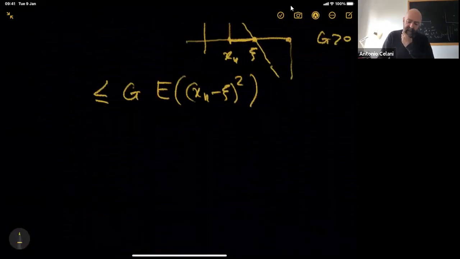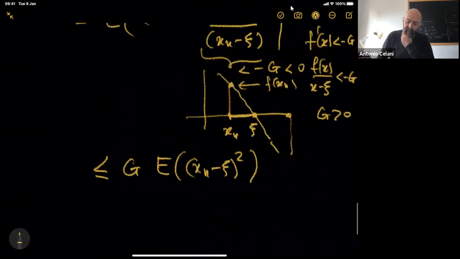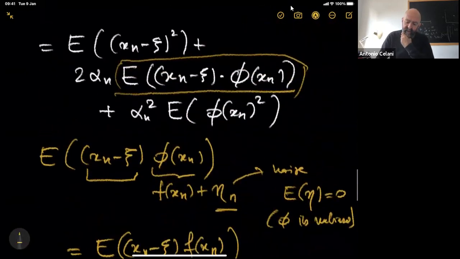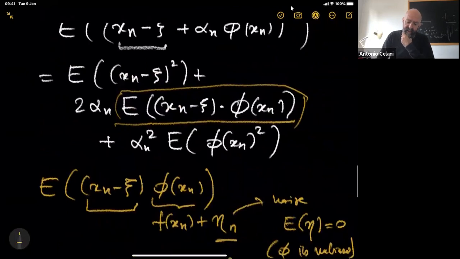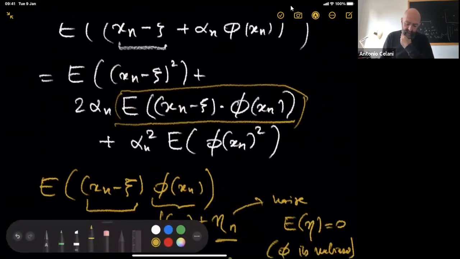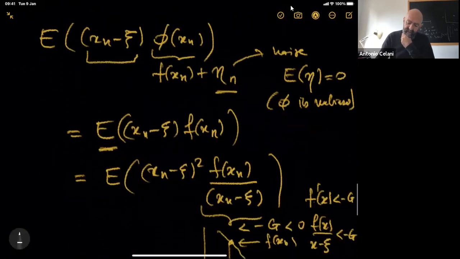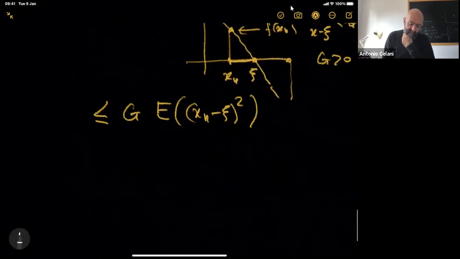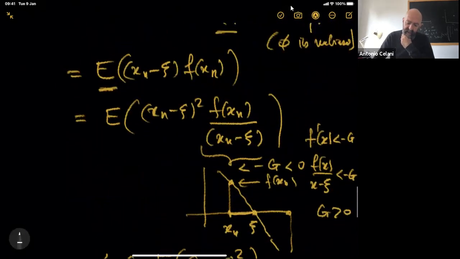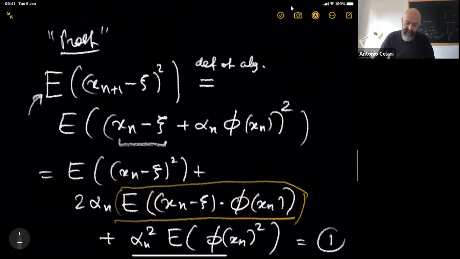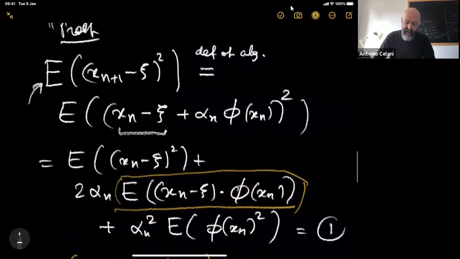Okay, so let's plug back in this inequality in orange or yellow. Let's plug that back in here. So we restart from here. Let's call this equation 1. And we begin again from this, which means that if I rewrite it, the left-hand side is this one, which is then smaller.